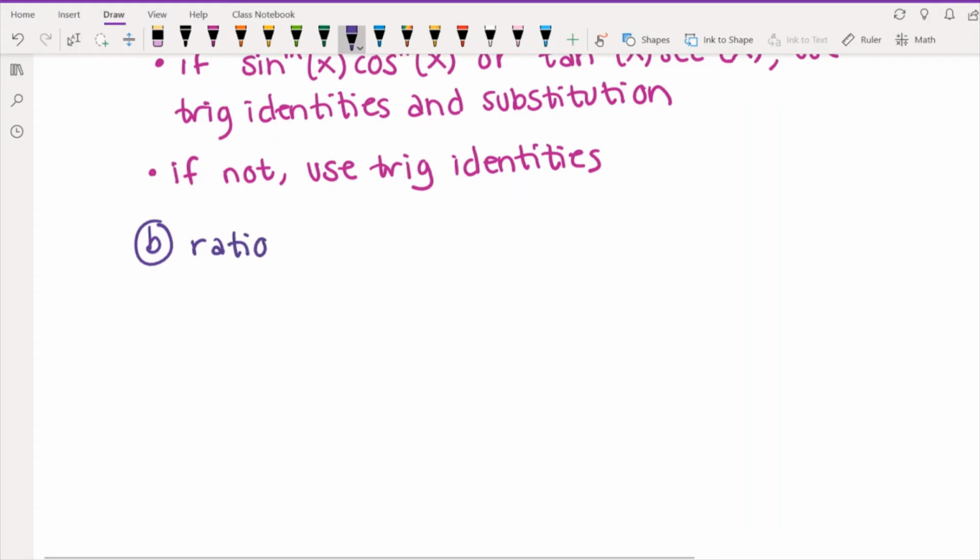A rational function is a function that is a polynomial divided by another polynomial. So there's a few different things you want to look at here.